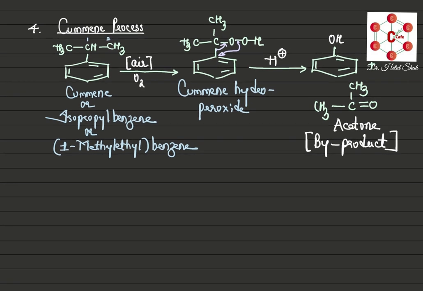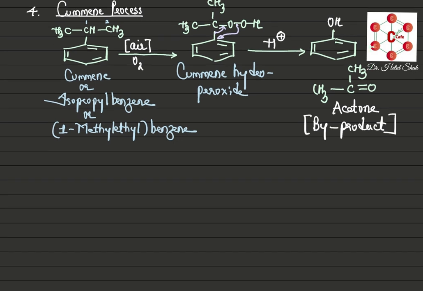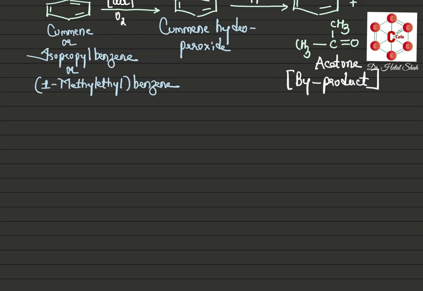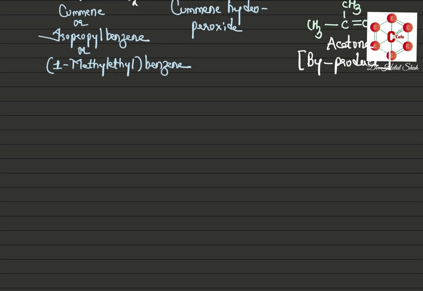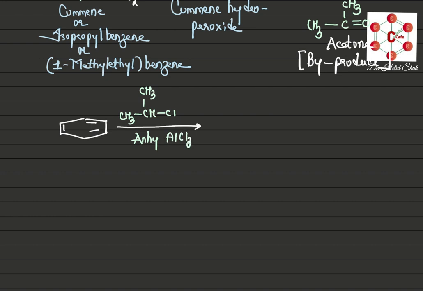They know that you have to know this because you've done electrophilic substitution reactions. All right. So one of the easiest ways of getting cumin would be, because it is alkylation, let's take benzene and let's take CH3, CH, Cl, CH3, and we take anhydrous AlCl3, and let's see what happens.